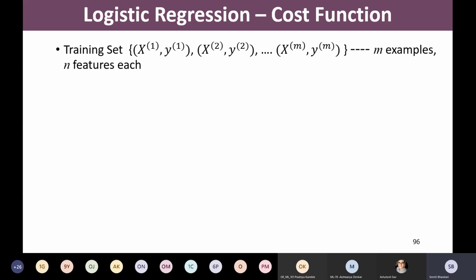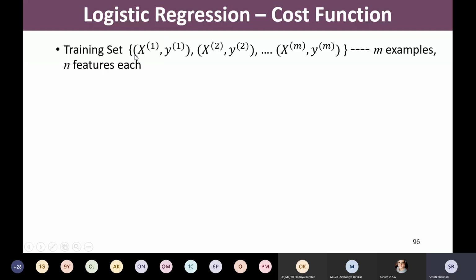So let us precisely see our problem statement. We have m examples, or m samples, in our training data set. These training samples are denoted as x1, y1, x2, y2, up to xm, ym. So m examples, and every example may have n features.